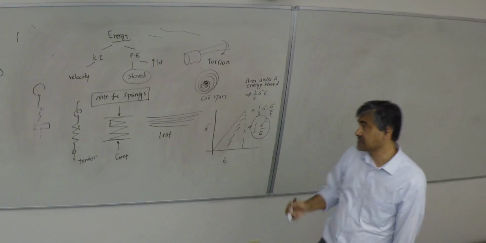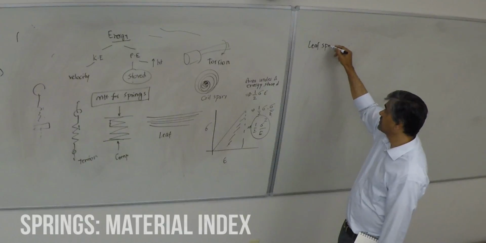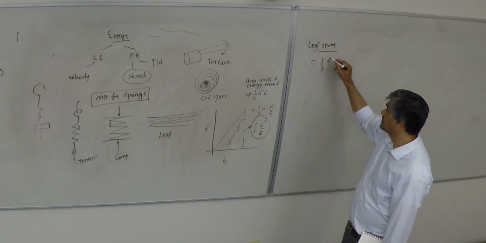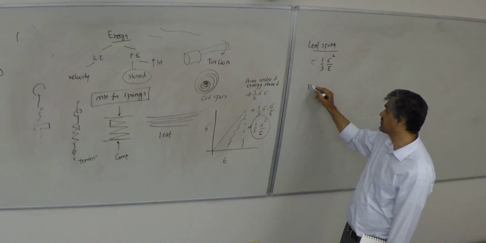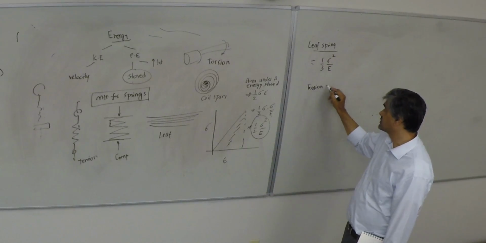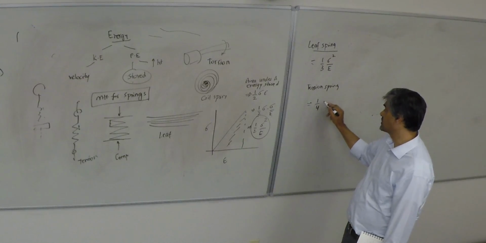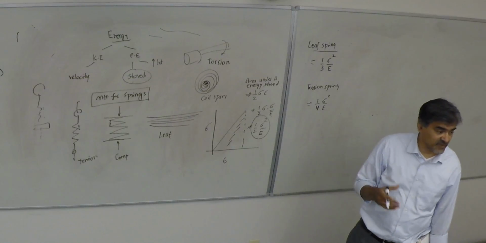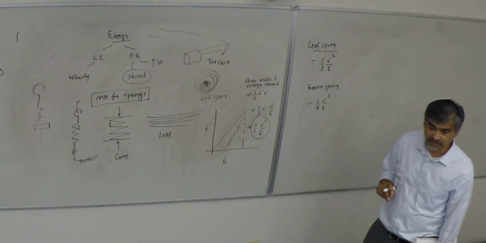So typically for leaf springs, it's common to have the energy values as approximately 1/3 sigma squared over E. If you go to a torsion spring, even less, you will see that the conversion is only about 1/4 sigma squared over E. So the storage values change from one to the other based on what type of spring it is.